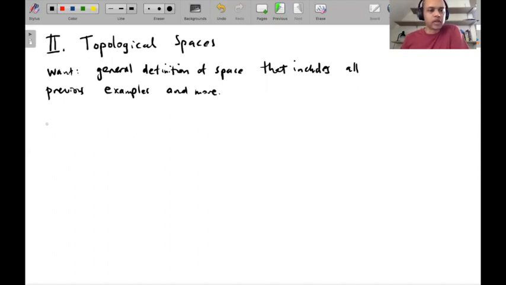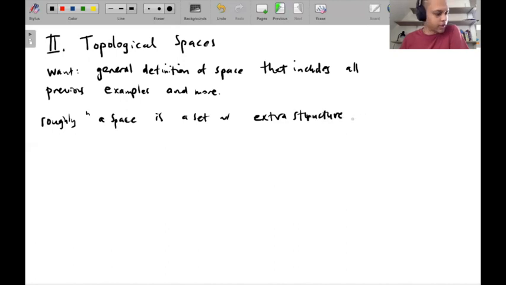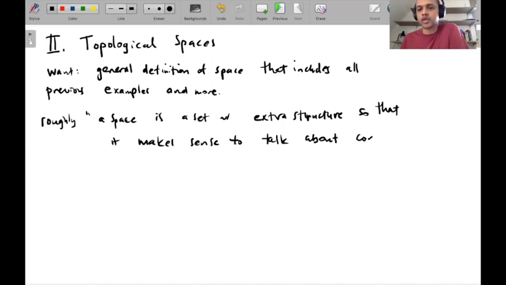And roughly, a space is a set with some extra structure, which we'll see what that extra structure is in a second, so that it makes sense to talk about continuous functions.